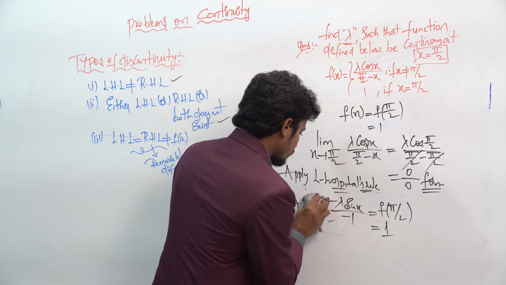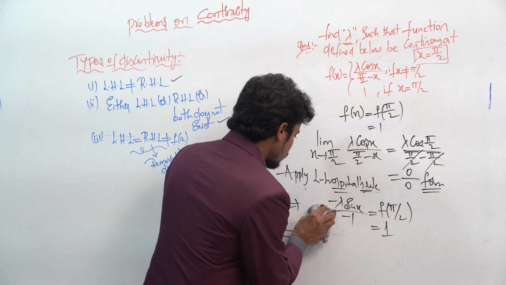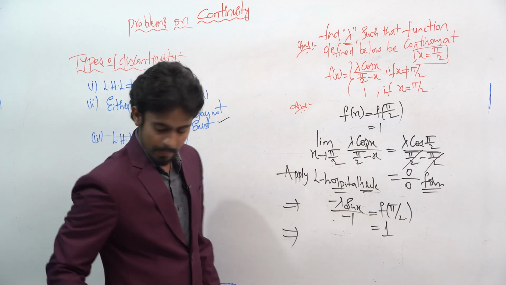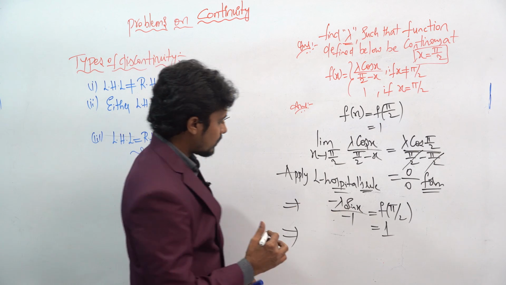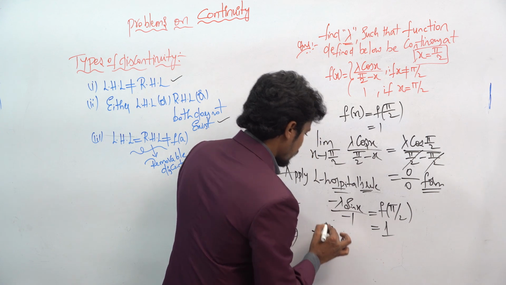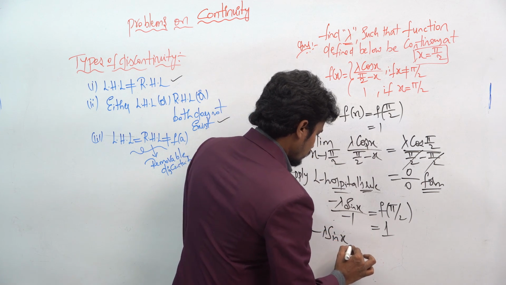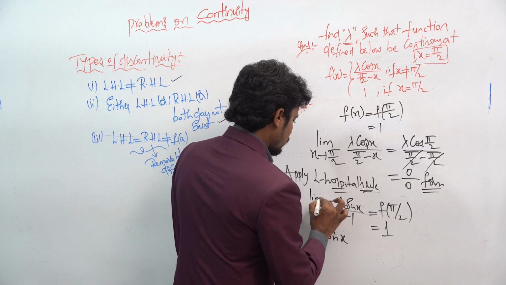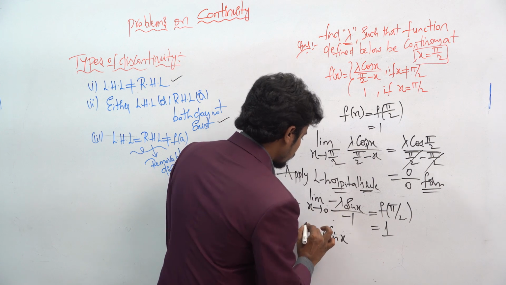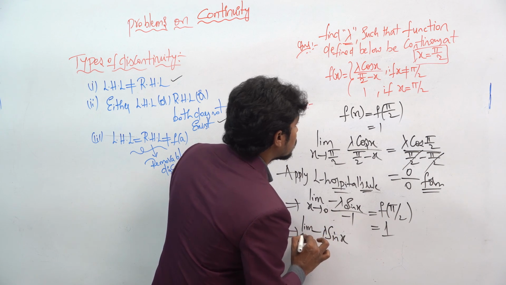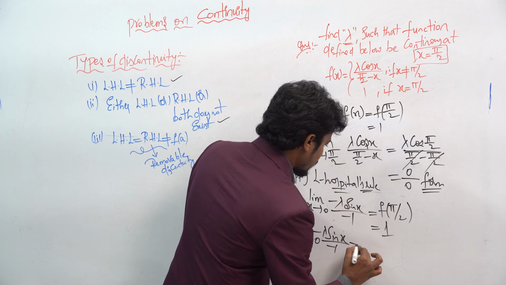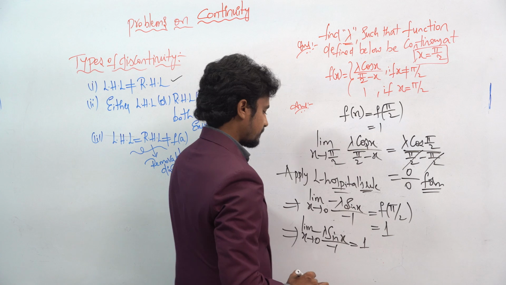Already put the limit, right? You can't take that pi by 2 again. Okay, that's the mistake we have done. So here we have minus lambda into sin x divided by minus 1, that will be equal to 1.